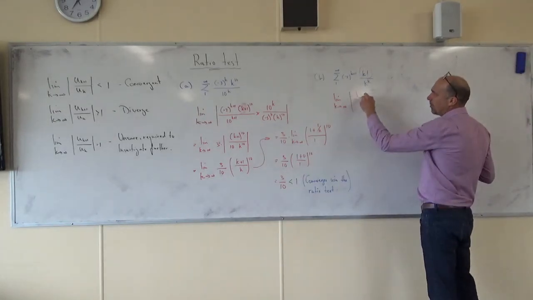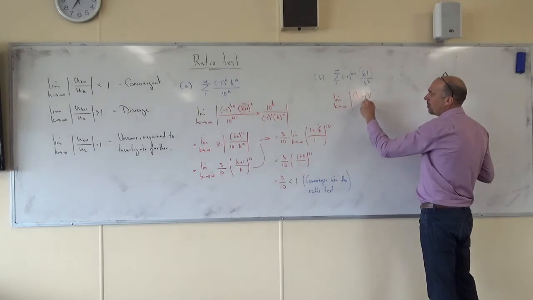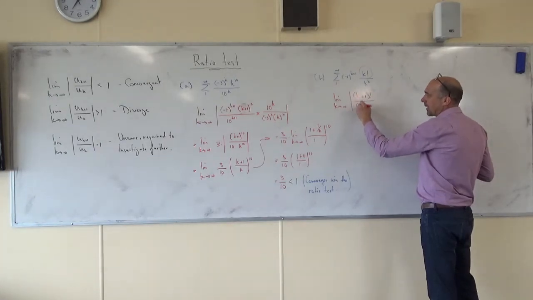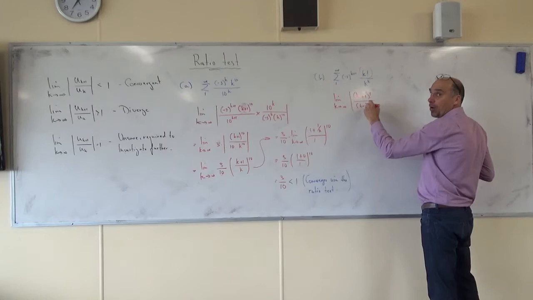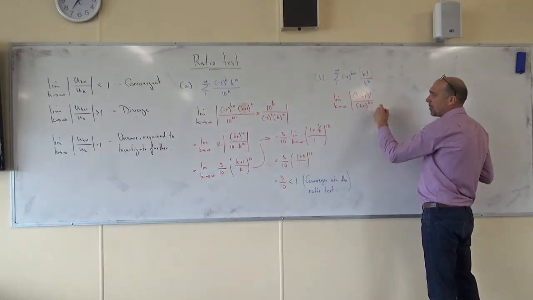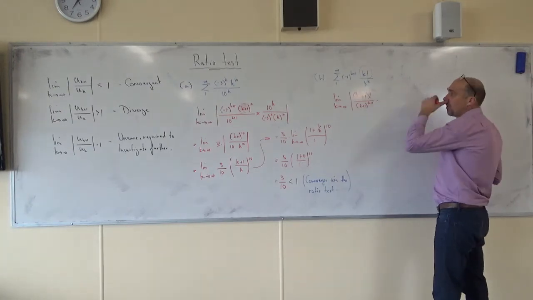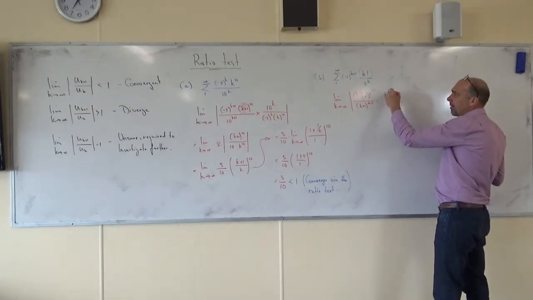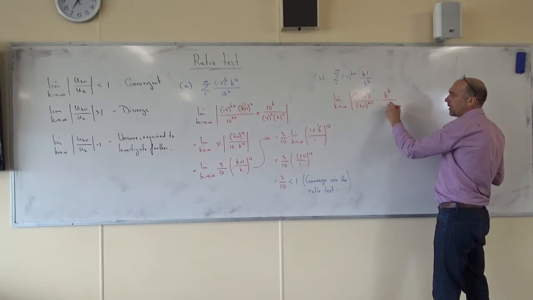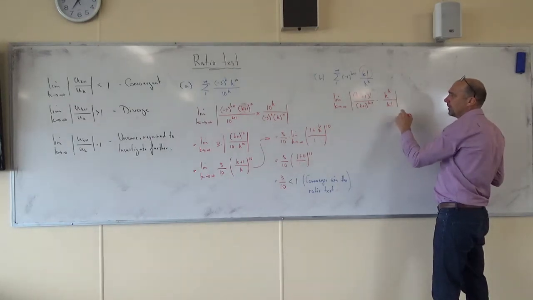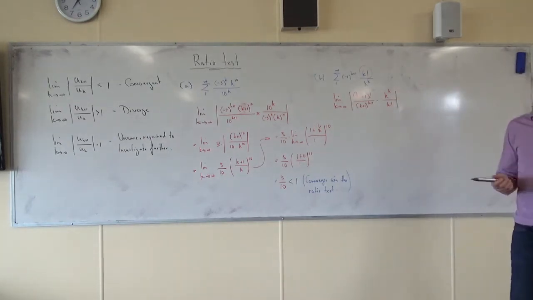We've got k plus 1 factorial divided by k plus 1 to the power of k plus 1, times by the reciprocal of, so this will be k to the power of k divided by k factorial. Don't even need the absolute sign anymore, it's all positive.